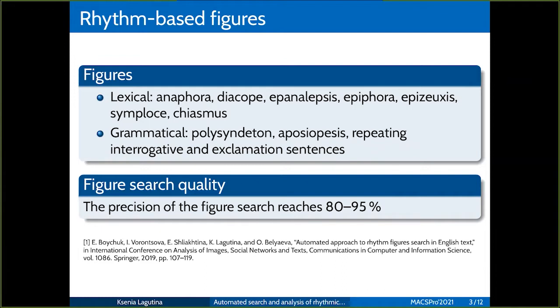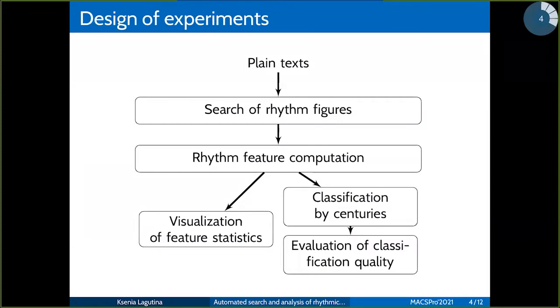We use the Prose Rhythm Detector instrument to extract these figures, and its search quality reached 95% for different figures. When we experiment with figures, first of all, we convert these figures into statistical elements.